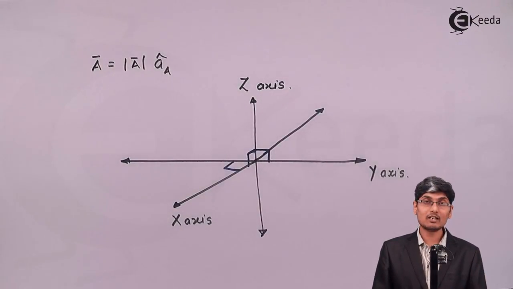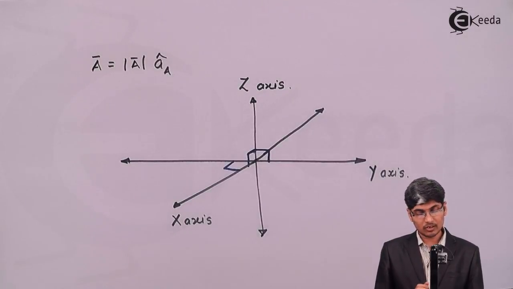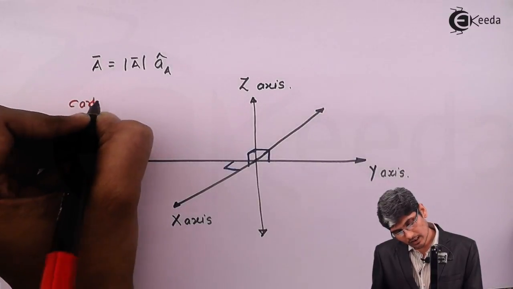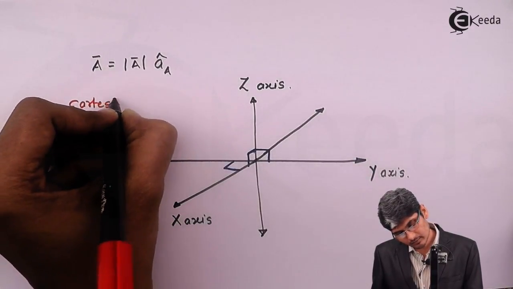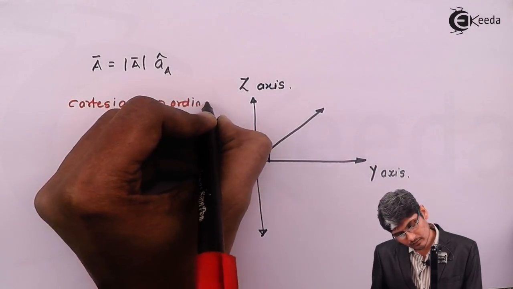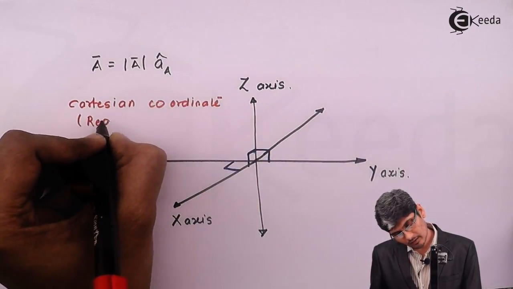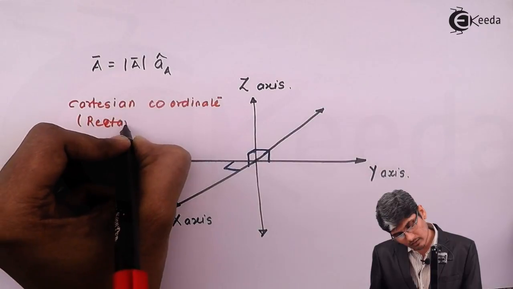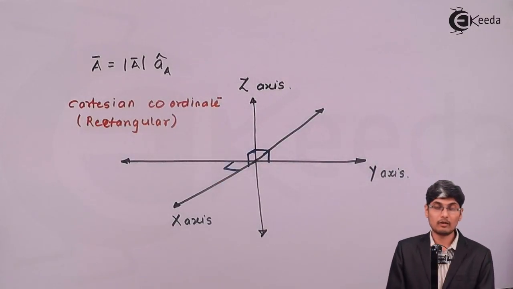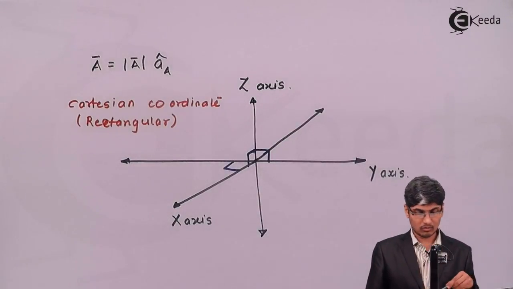There are x, y and z. This coordinate system, which we normally call the Cartesian coordinate system, is also named the rectangular coordinate system.